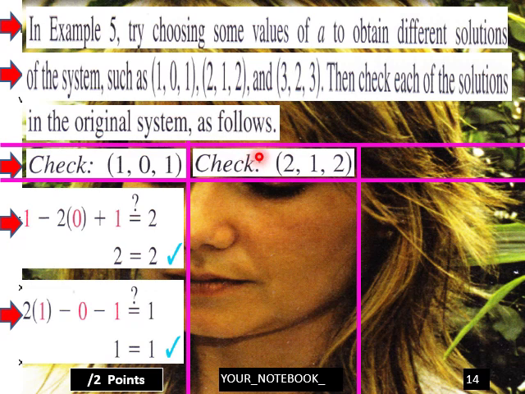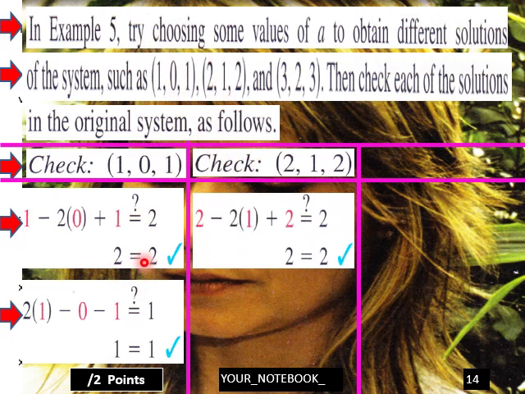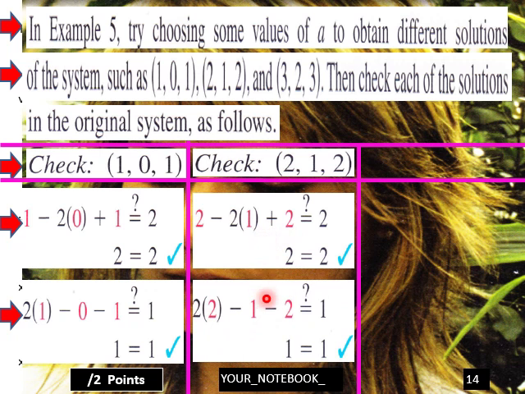It is. 1 equals 1, so that works as well. So now we're going to check (2, 1, 2) in our example 5. When we do that, we get 2 minus 2 times 1 plus 2, and that shows that it is valid. And then for 2 times 2 out here, 2 times 2 minus 1 minus 2 equals 1.